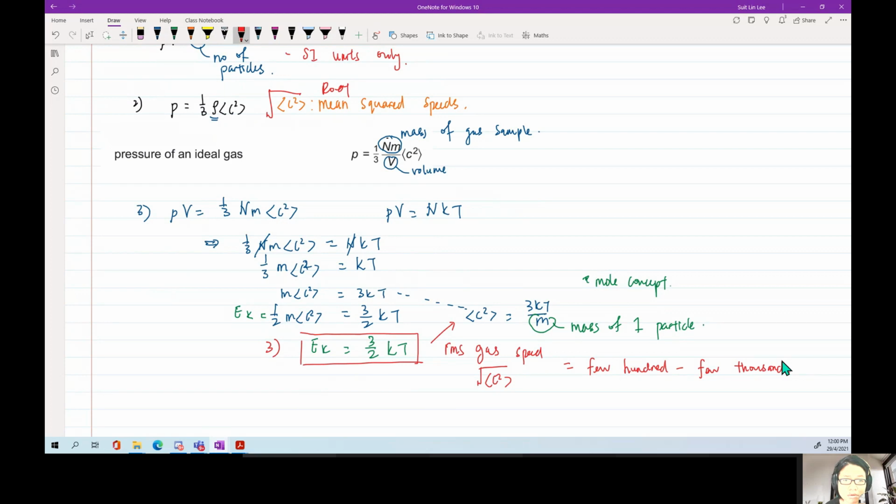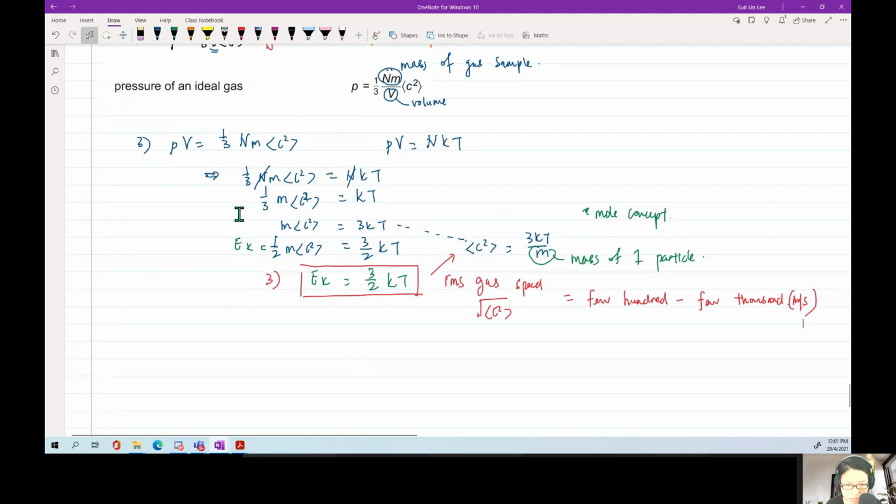The gas cannot enter your lungs. So a few hundred to a few thousand meters per second is a good hint whether you calculated correctly, or you didn't convert units correctly, or you substituted the wrong constant.